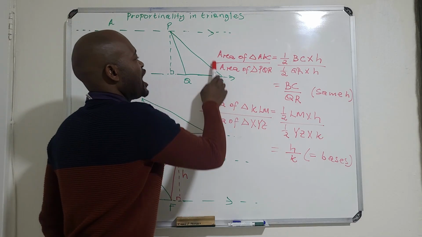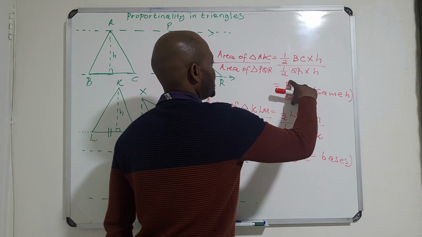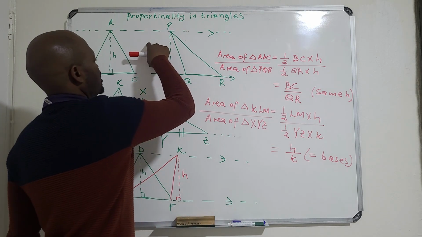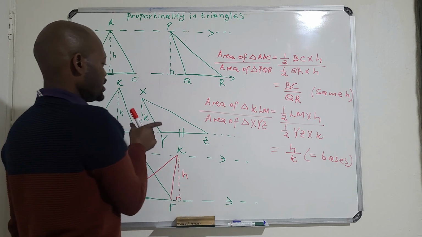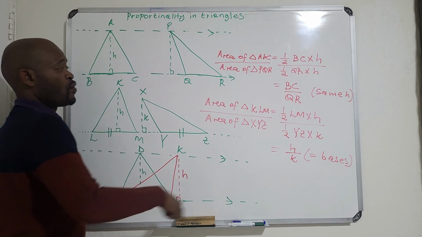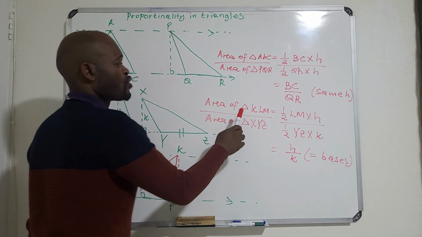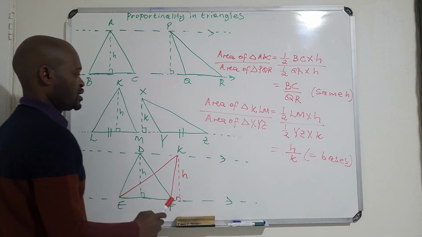Therefore, the areas here are in proportion to the base, since the heights are the same. Here, since the bases are the same, the areas of these triangles are in proportion with the height.